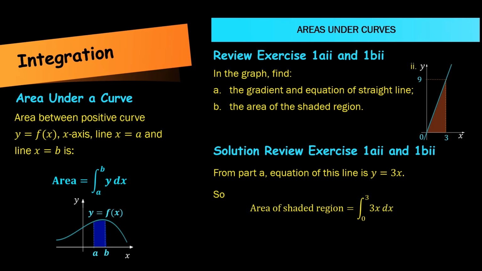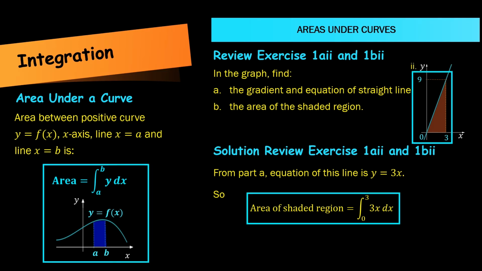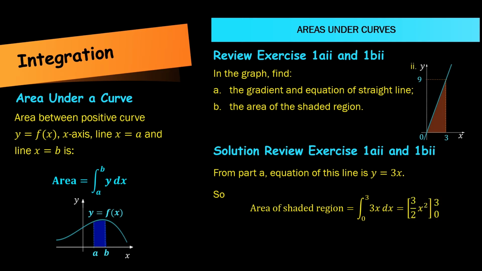So we need to integrate this between the limits 0 and 3. So integral of 3x with respect to x between 0 and 3 will give us the area of the shaded region. And integrating this expression gives us 3 over 2 times x squared.